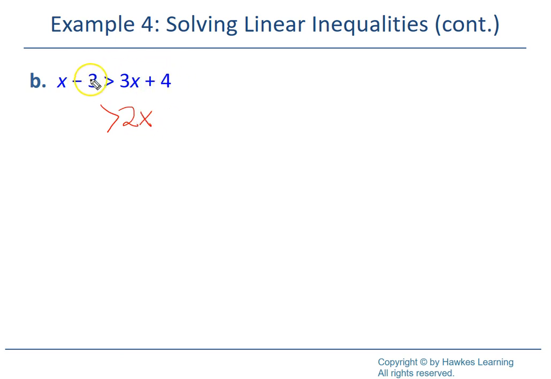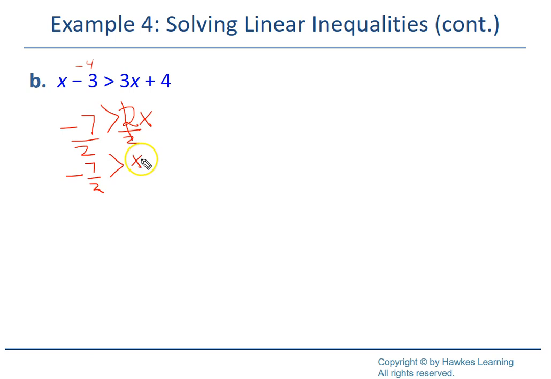Transpose this to this side, where it becomes a negative 7. So here it was a positive 4, over there is a negative 4 on this side, add them and I get this. Divide both sides by 2. Now I get x on this side, and it's a negative 7/2.